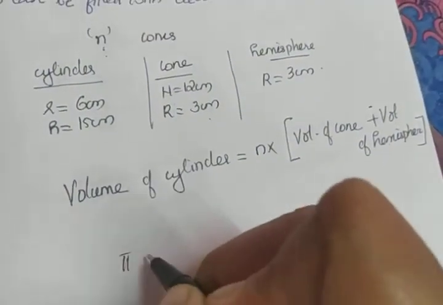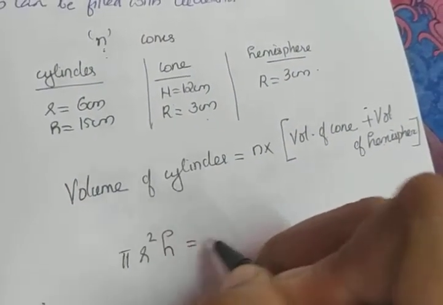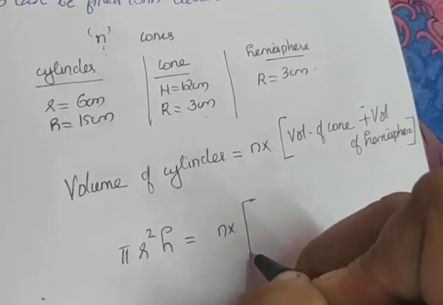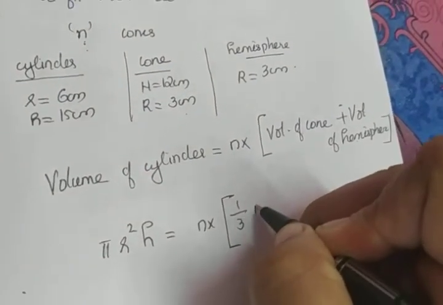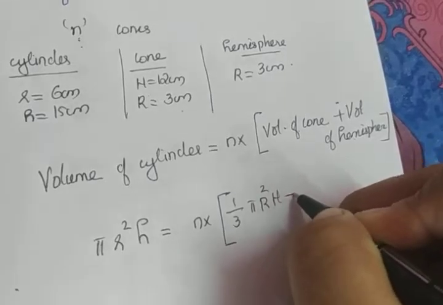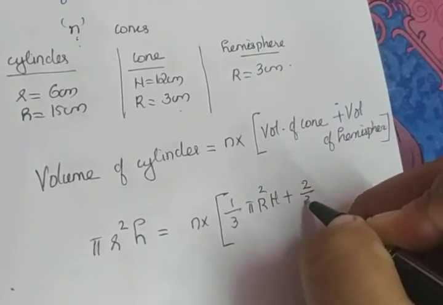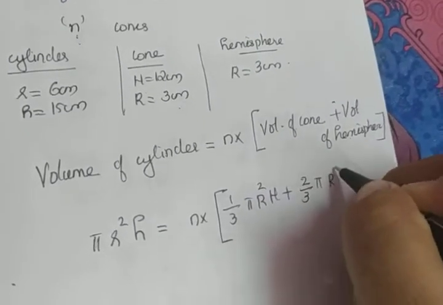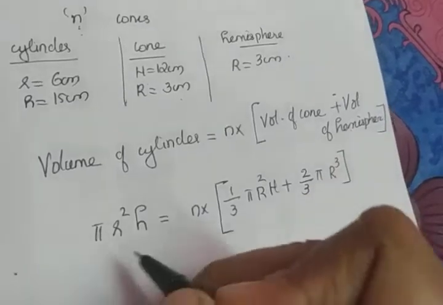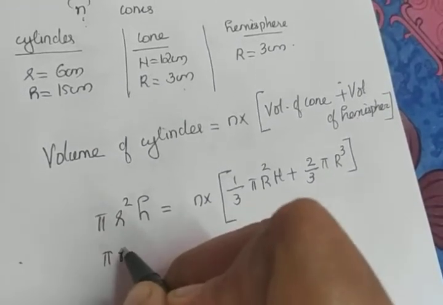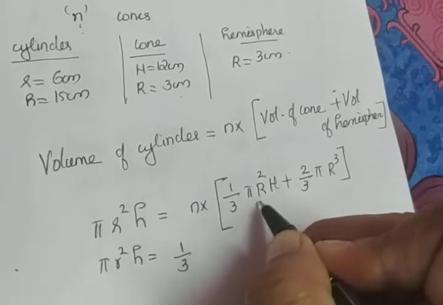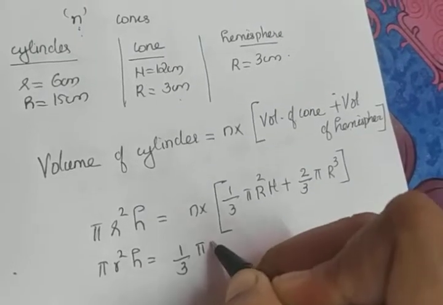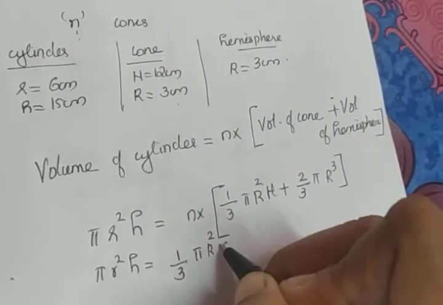So pi small r square h is equal to n into, volume of the cone is 1 by 3 pi capital R square capital H, plus volume of the hemisphere is 2 by 3 pi into capital R cube. Okay, from the right side, what is common? 1 by 3 is common, pi is common, R square is common, and n is there outside.